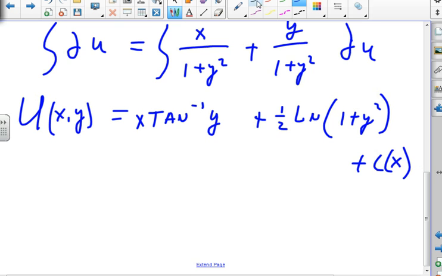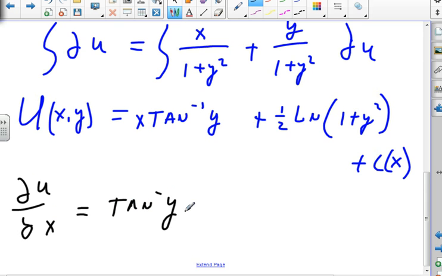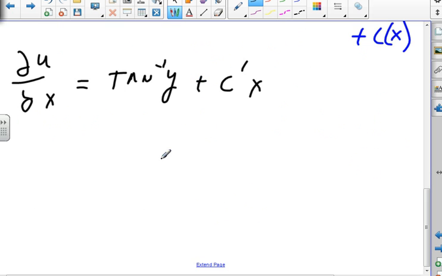Now I'm going to go and take the partial of u with respect to x. Okay, and I'm going to get arctangent y. The partial of this with respect to x is 0, it goes away, plus c prime x, which implies c prime x is equal to x.